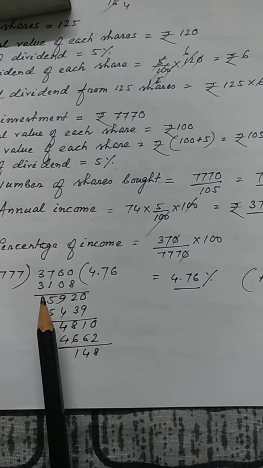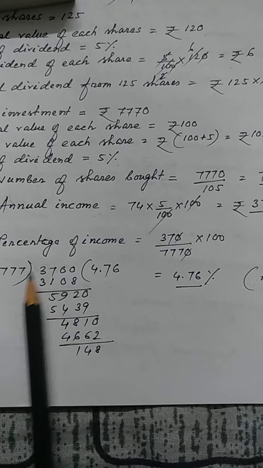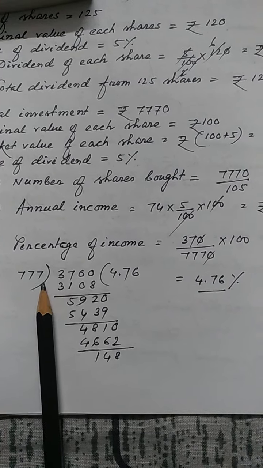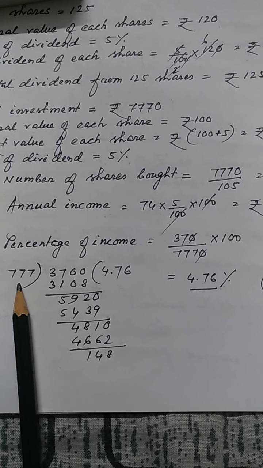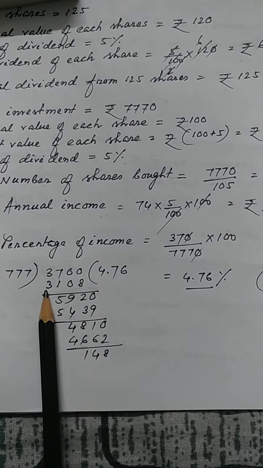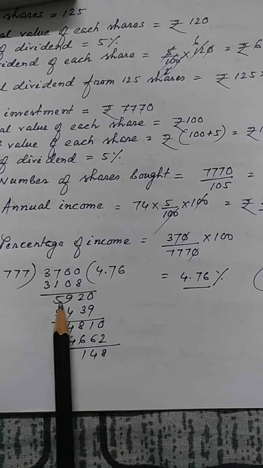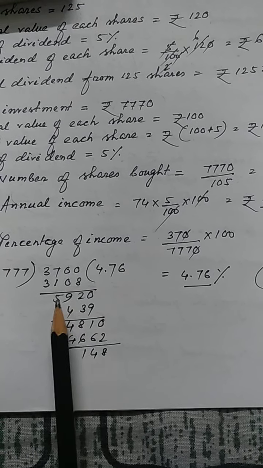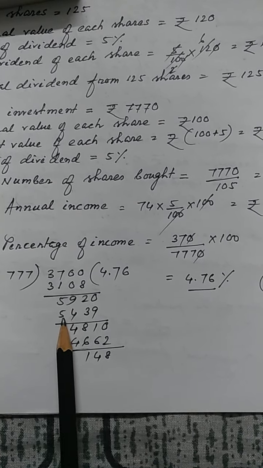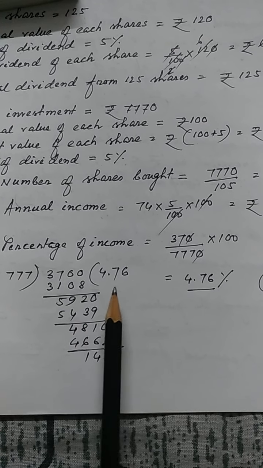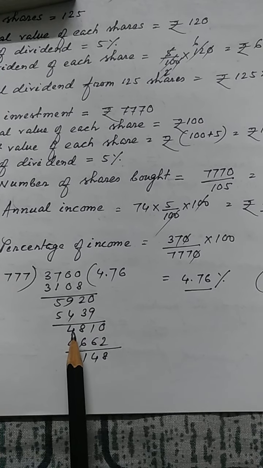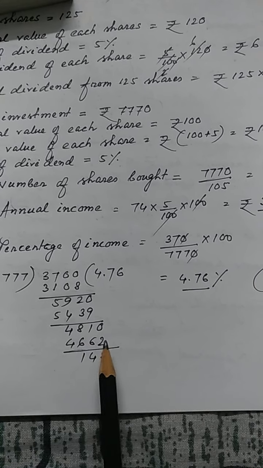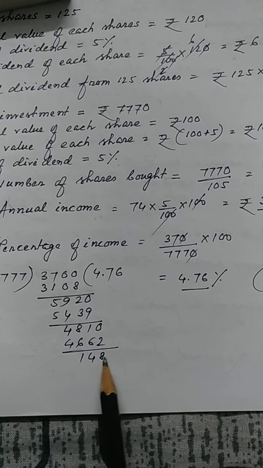Now doing this calculation, I cancel this 0 and this 0, so 3700 divided by 770, and you see first I give 4 times, so this is 3108, subtracting 592, so I put decimal here, take 1 0, and then 7 times, it is 5439, again subtracting, it's coming 481, taking 1 more 0, then 6 times 4662, so remainder 148.